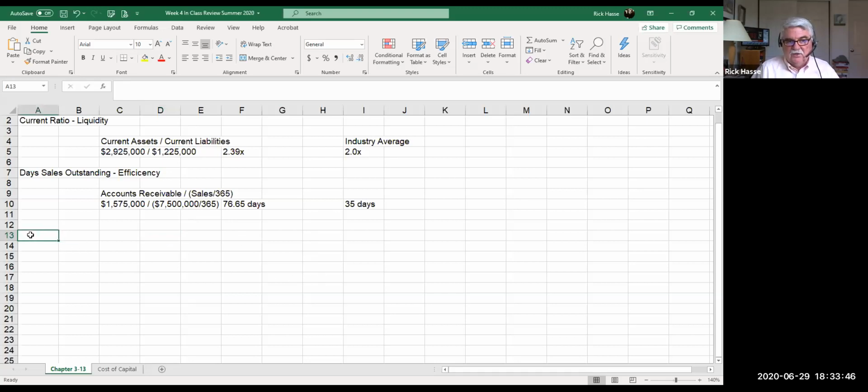Here's another one along those same lines of sales, but on the other side of the coin. Inventory turnover. Another efficiency measurement. How fast are we turning over inventory?